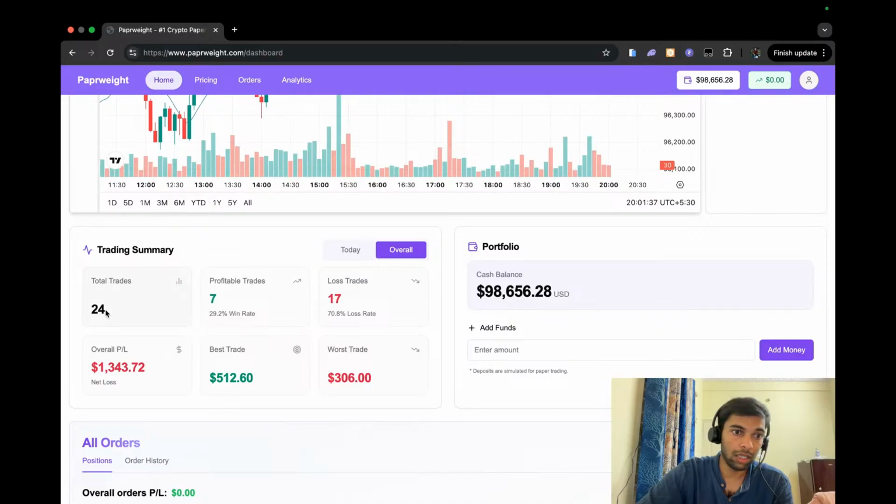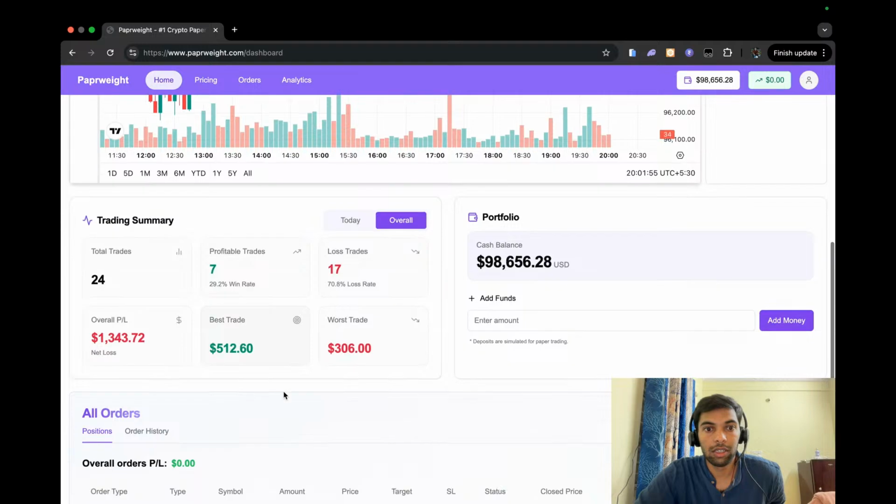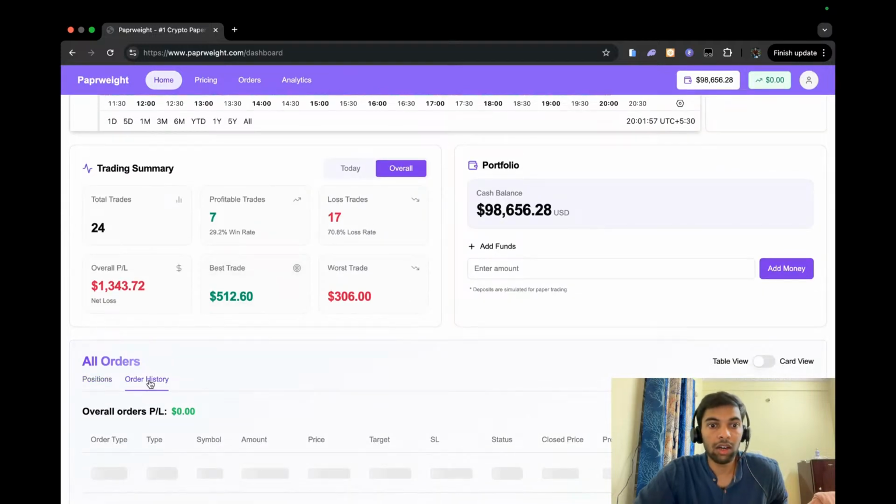I have taken 24 trades in total in this entire journey. 7 are profitable, 17 are in losses. My worst trade is $306. My best trade is $512, and overall PNL is a $1343 loss. Here you can see the order history.